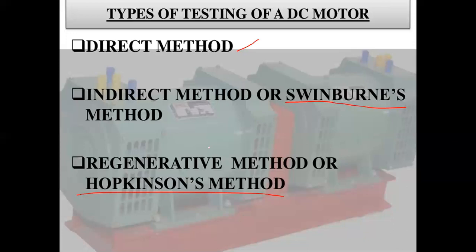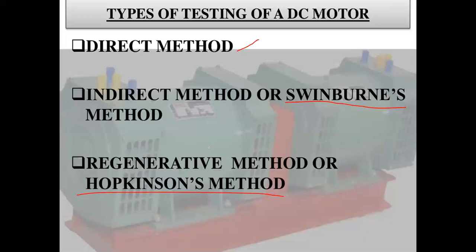All the curves are plotted with respect to output, and the main thing you have to observe here is that the shunt motor is a constant speed motor and the series motor is a variable speed motor.